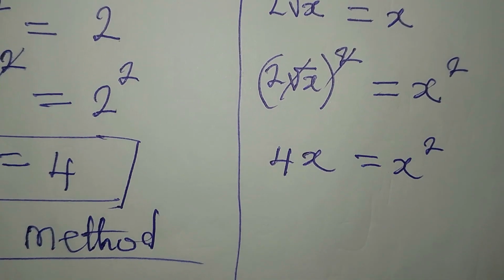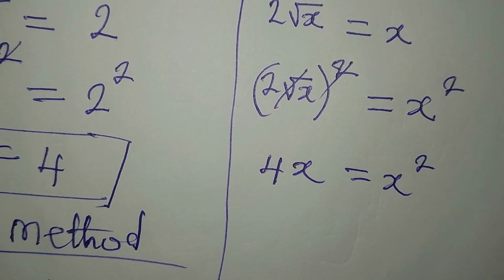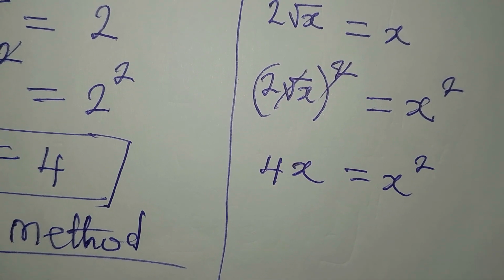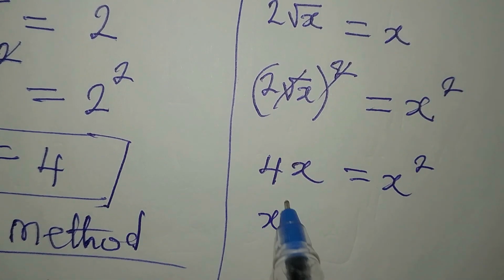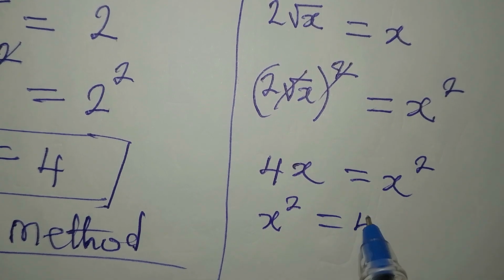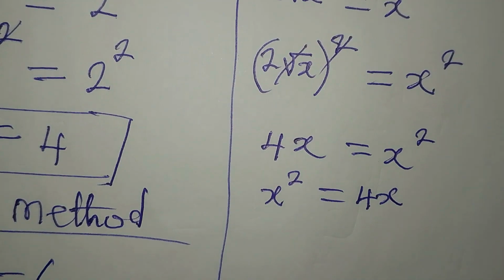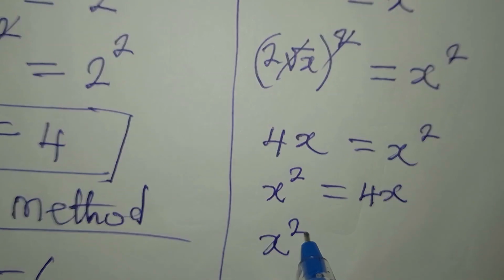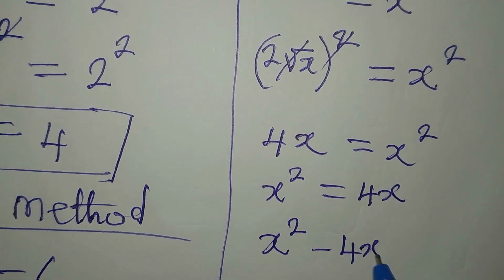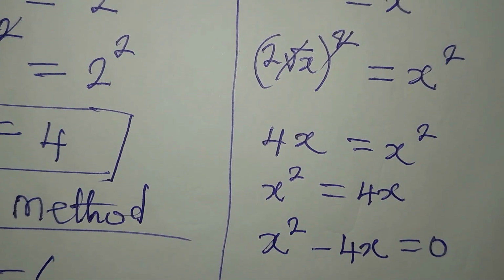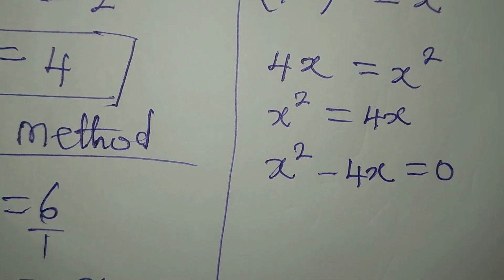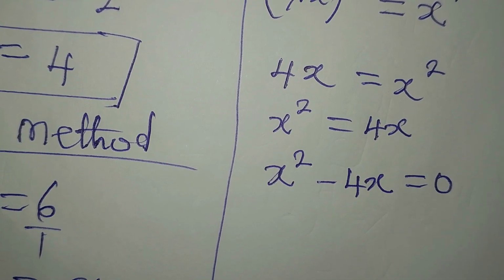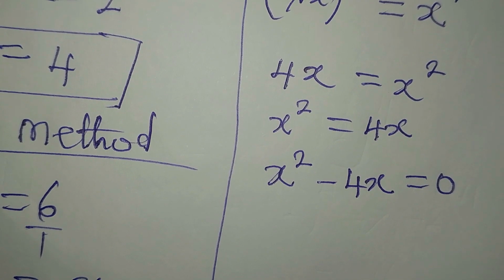Okay, do not divide both sides by x. So what we'll do is to rearrange. We have x squared equals 4x. Now bring this to the left, as we have x squared minus 4x equals 0. This is quadratic, but the first method did not give us any quadratic equation.